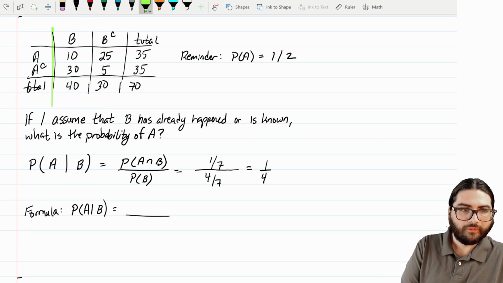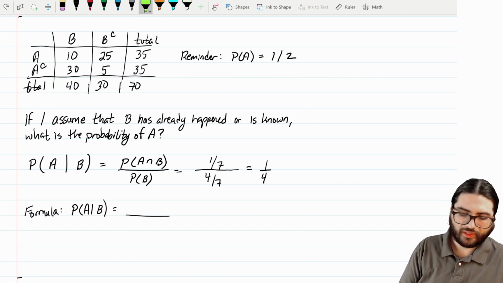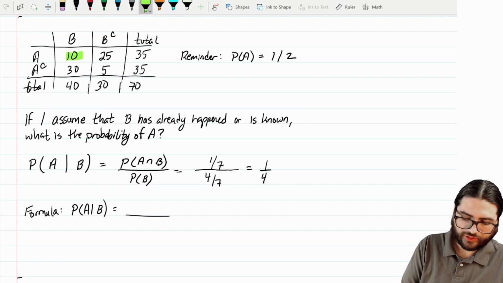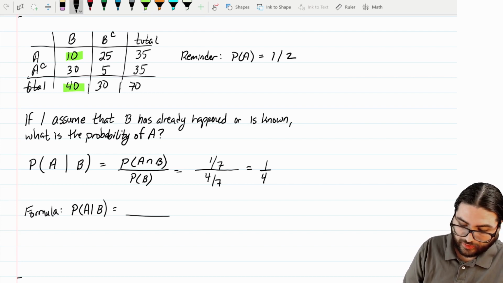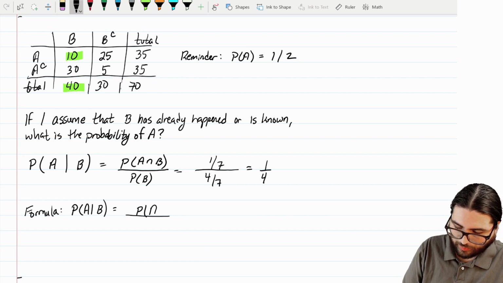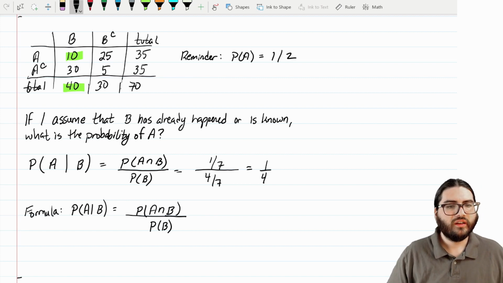If I opened it up, then it would be that intersection divided by the probability of B. And that's the formula. I'll copy it down here again. To find the conditional probability, I find the intersection probability divided by the prior probability of B.